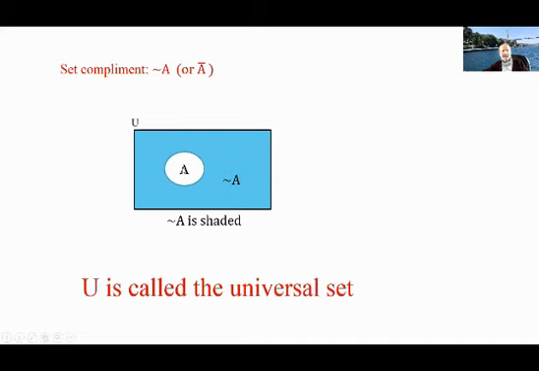If I take the union of A and the complement of A, I get the whole big set. And these two sets are disjoint. Two sets are called disjoint if their intersection is empty.